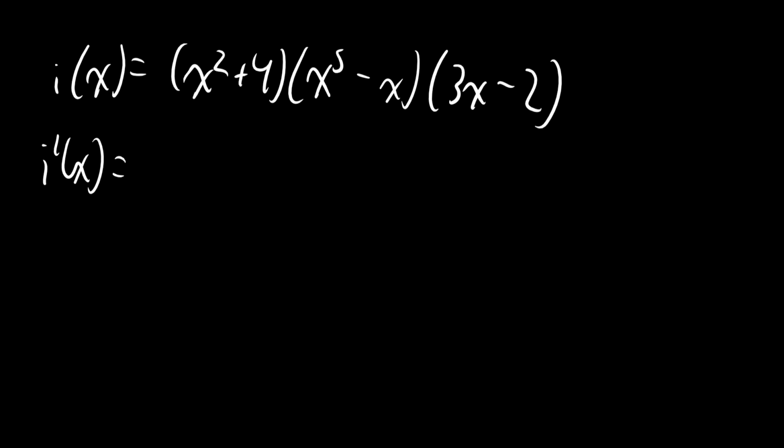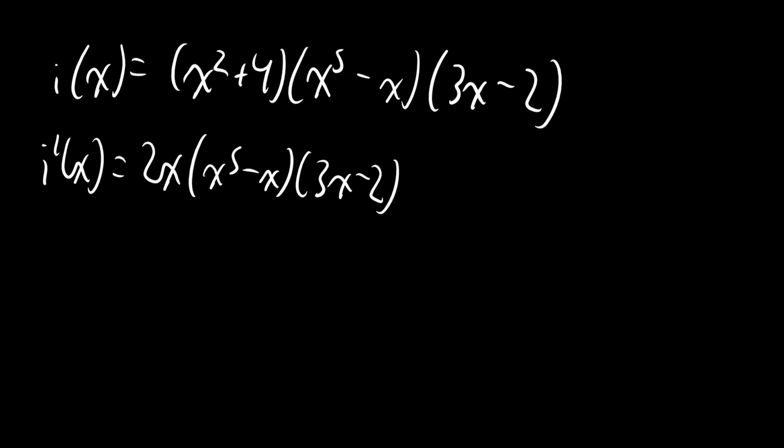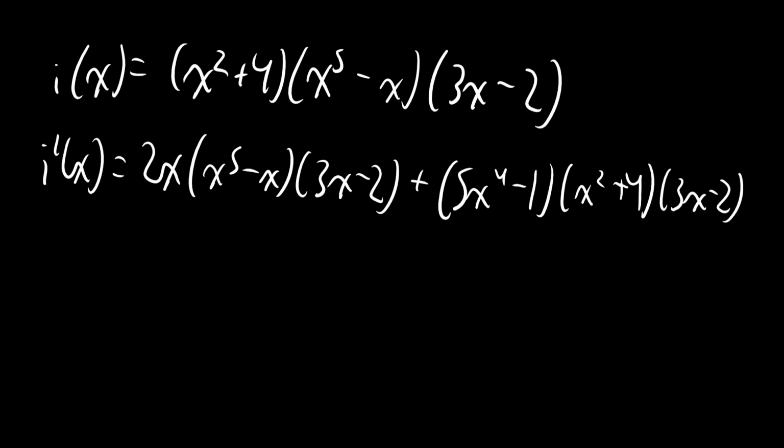So i prime at x, we would derive this part, which would be 2x times x to the 5 minus x, 3x minus 2, and then we derive this part, which would be 5x to the 4 minus 1 times x squared plus 4, multiplying by the other parts, 3x minus 2, and then we derive the last part right here, so this would be 3 times x squared plus 4, and x to the 5 minus x.